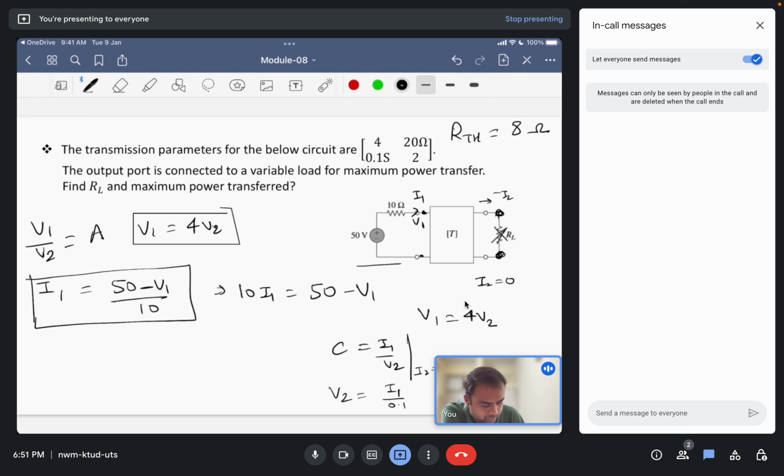So now replacing V2 here, V1 is equal to 4 into V2, that is 4 by 0.1 I1, that is 40 I1. V1 is equal to 40 I1. We can put it here and solve the problem. So 10 I1 is equal to 50 minus 40 I1.